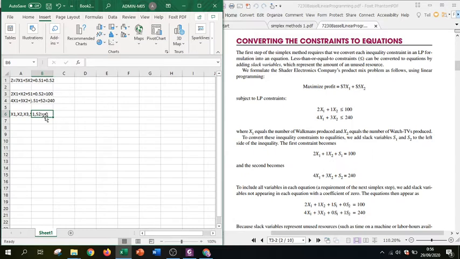Greater than or equal to 0, this is a non-negative value, or we can write non-negative.